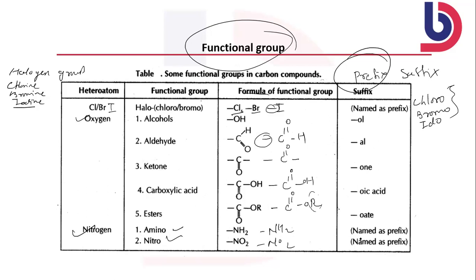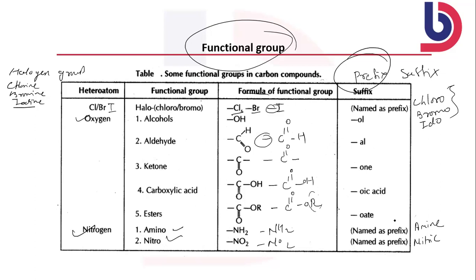Again, they also come with a prefix. For the amine, the suffix is amine, and for the nitro, the prefix is nitro. So please remember this table when I discuss the IUPAC name.